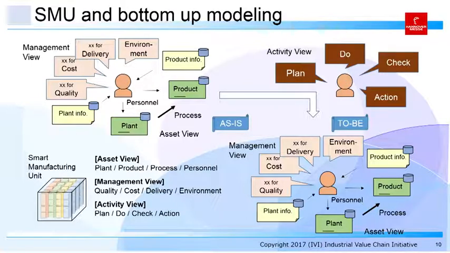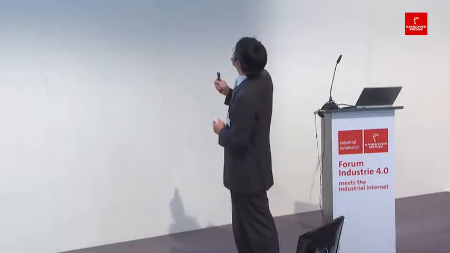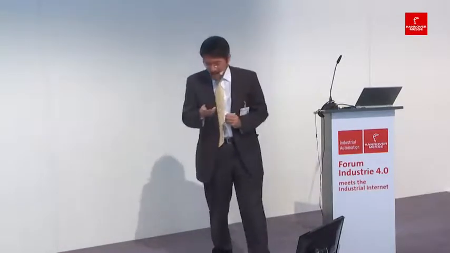And going from the beginning to the future, we focus on 4 steps for the self-improvement. So plan, do, check, and action. This is a very important concept of our smart manufacturing unit.